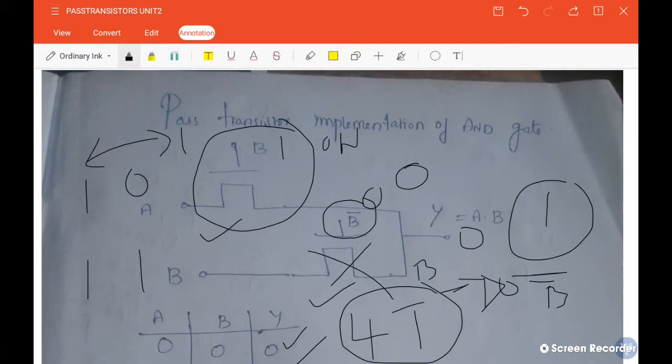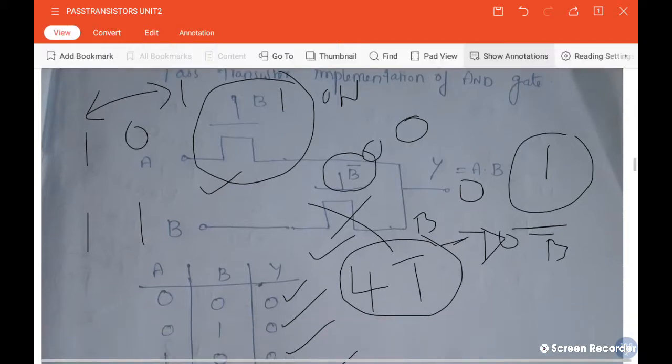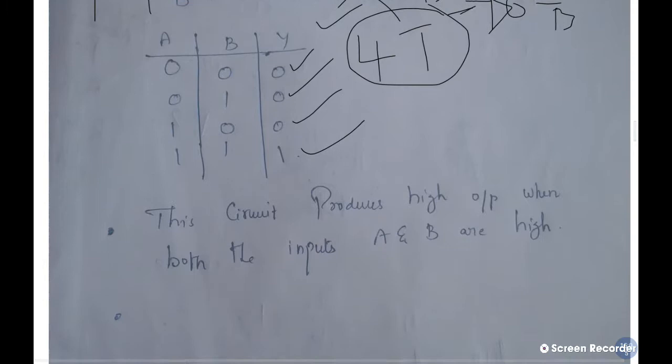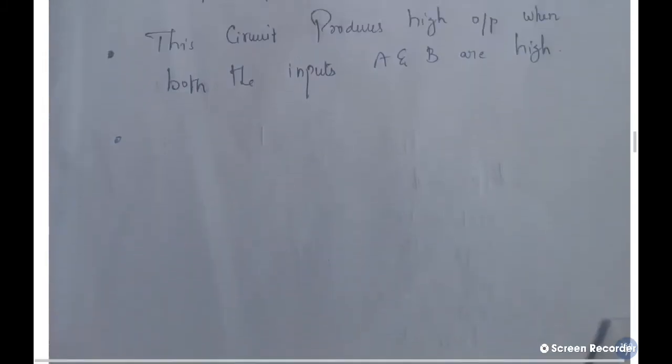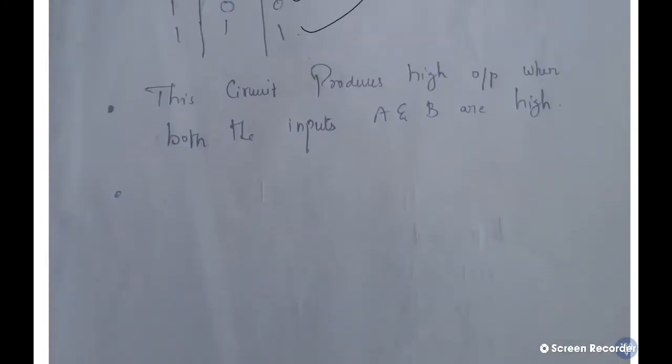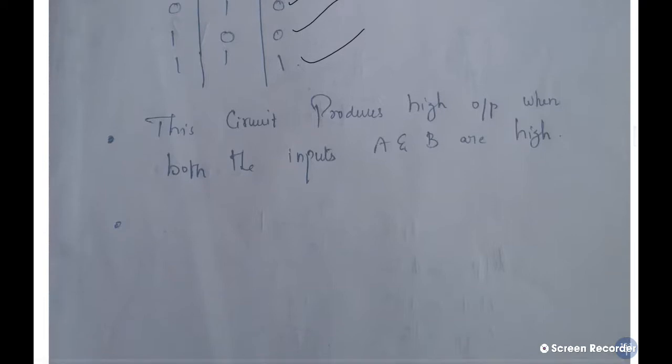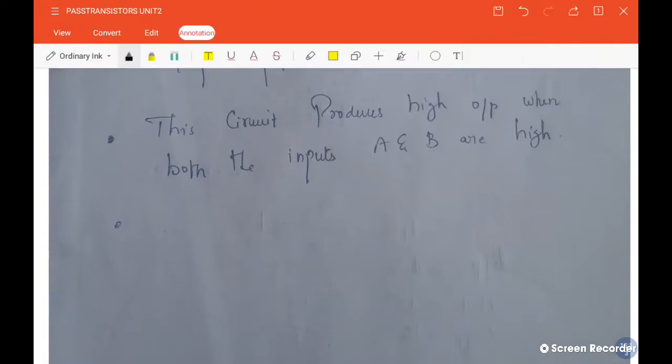But same thing, if you want to implement in complementary logic, you imagine how many transistors it will require. In complementary logic, first we have to build a NAND circuit, so you have to first build a CMOS NAND circuit, and then that NAND must be inverted to get the AND operation.